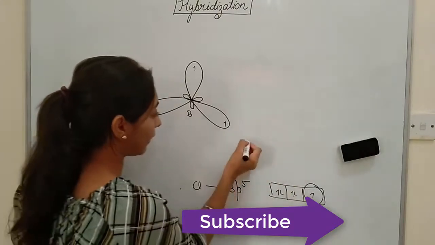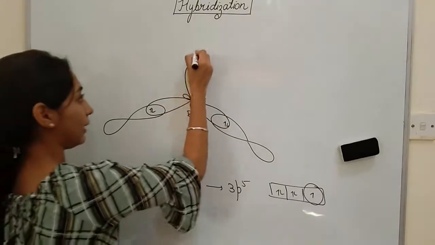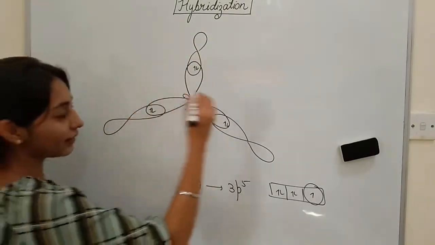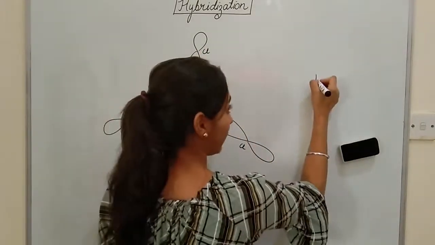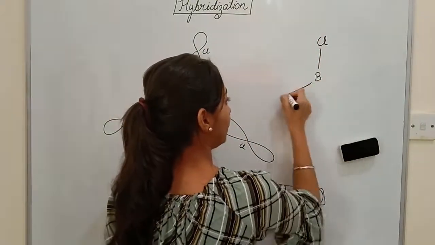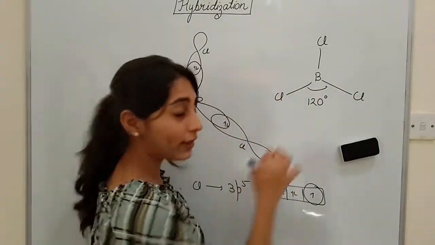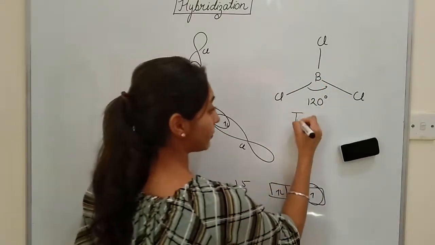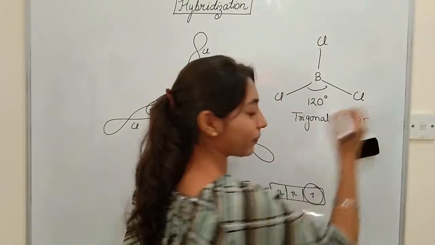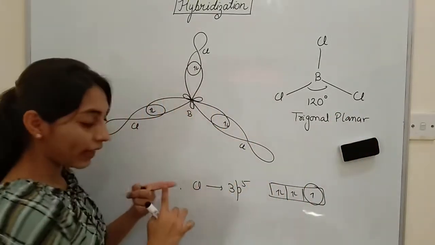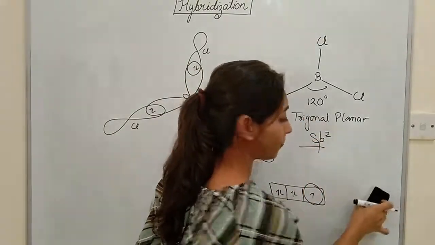Each chlorine atom will come with one electron in the p orbital, and hence they will lead to the formation of the BeCl3 molecule, where the bond angle is 120 degrees. If you take a picture, the shape comes out to be trigonal planar. And obviously one s and two p orbitals were combining, so the hybridization is sp2.